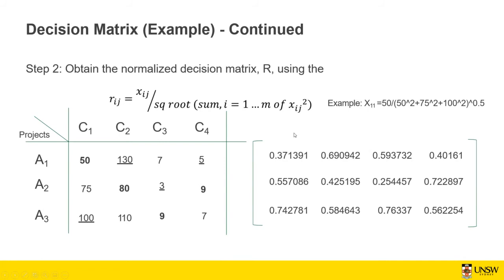So this is a mathematical way to normalize the scores. As I said, I'm not going to go through all the details of the math, but just know that's why we are doing this, and that would be enough.